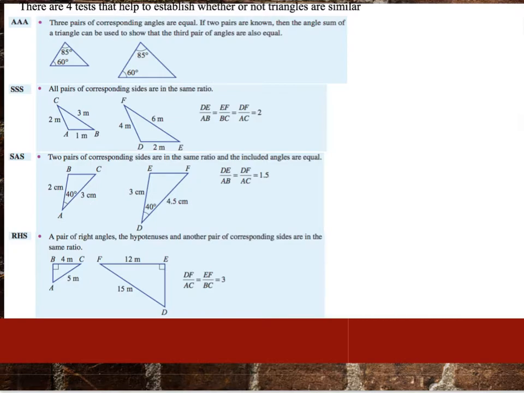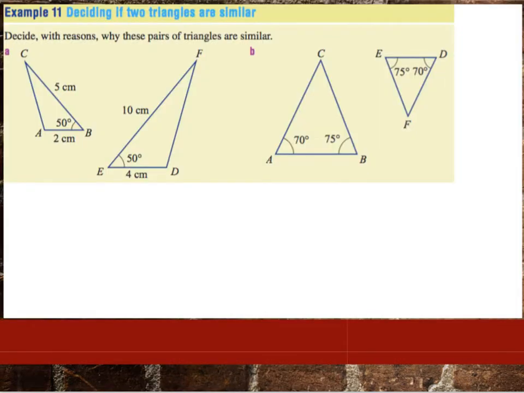So please, pretty please, do not get confused with congruency and similarity. Let's move on. Let's go and have a look at the example. The example is: decide with reason why these pairs of triangles are similar.